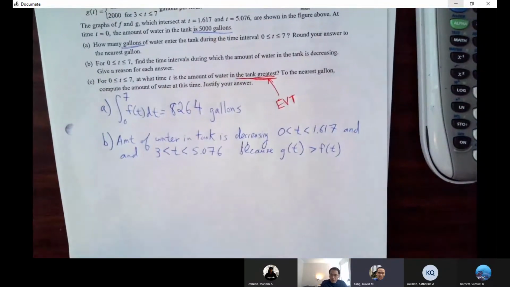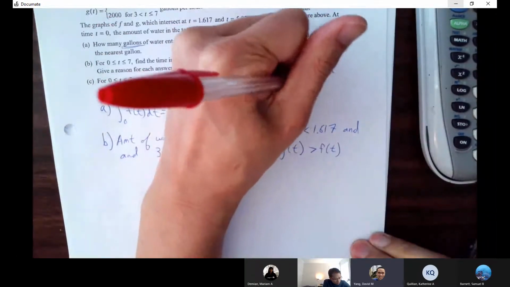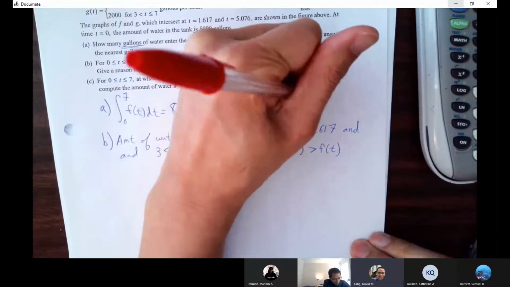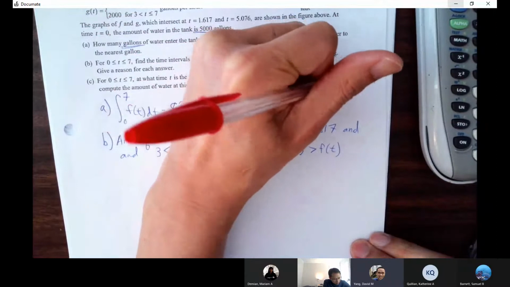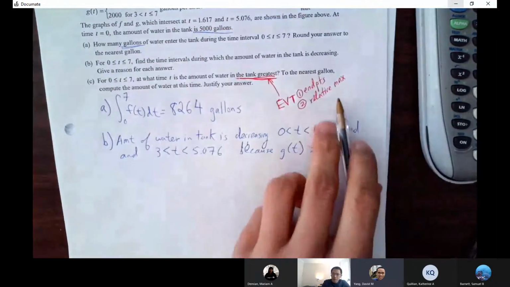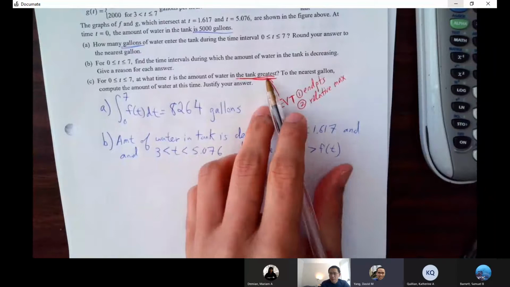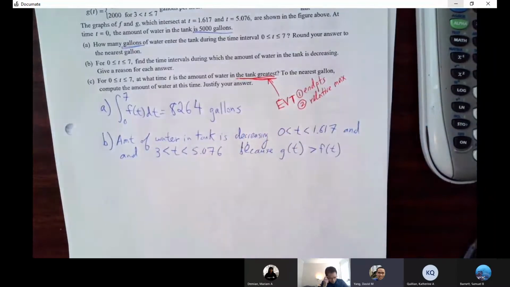To apply EVT, we have to identify our endpoints and then critical points. But in this case, we only care about relative max. There's no need to test relative min because we know that relative mins have no chance of being an absolute maximum. So we only need to test endpoints and relative max.